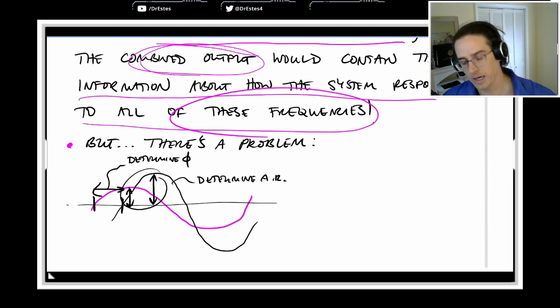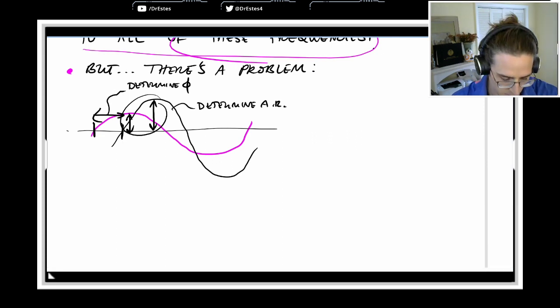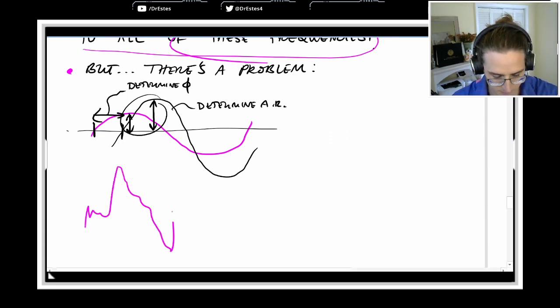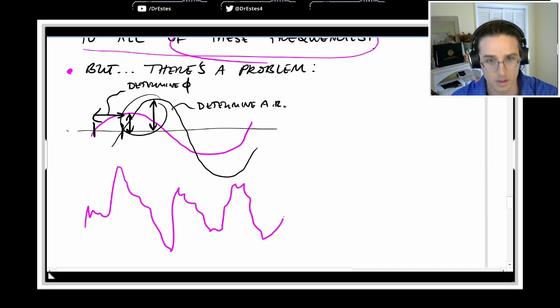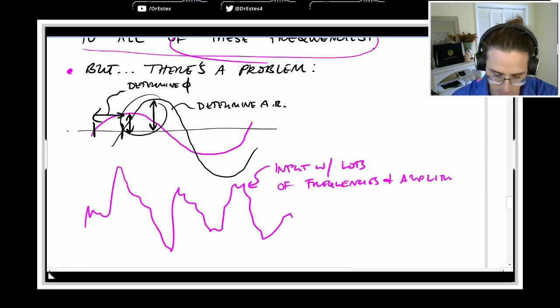When we combine a bunch of inputs, this is what the data is going to look like. The input might look like this, an input with lots of frequencies and amplitudes.